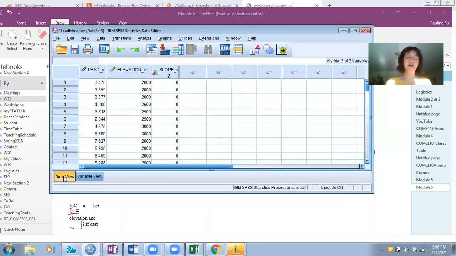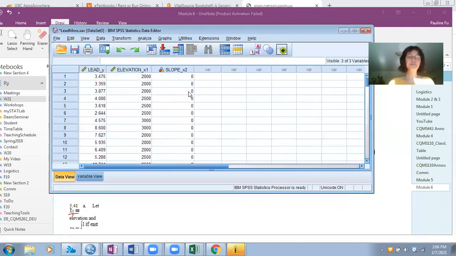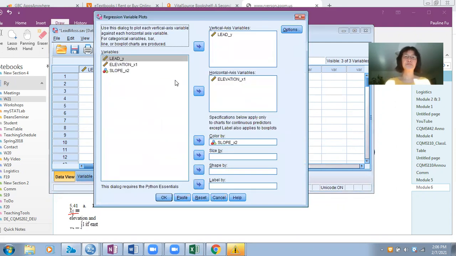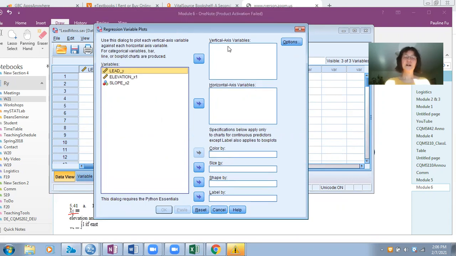So then I go back. So now I'm going to create the graph. You can go to graph, and then regression variable plots. So I'm going to click reset. So vertical axis means y. So I put lead y. Horizontal axis means x. So I have x1.